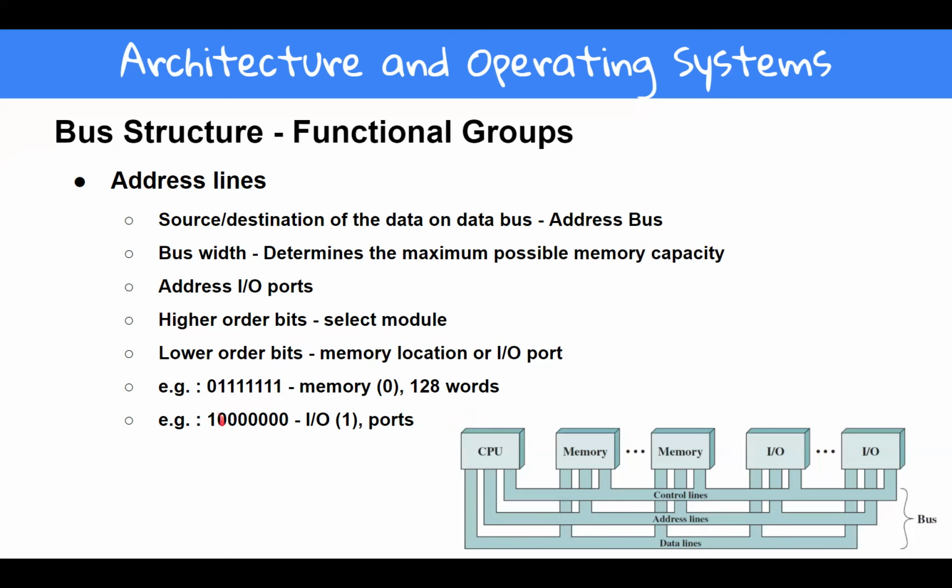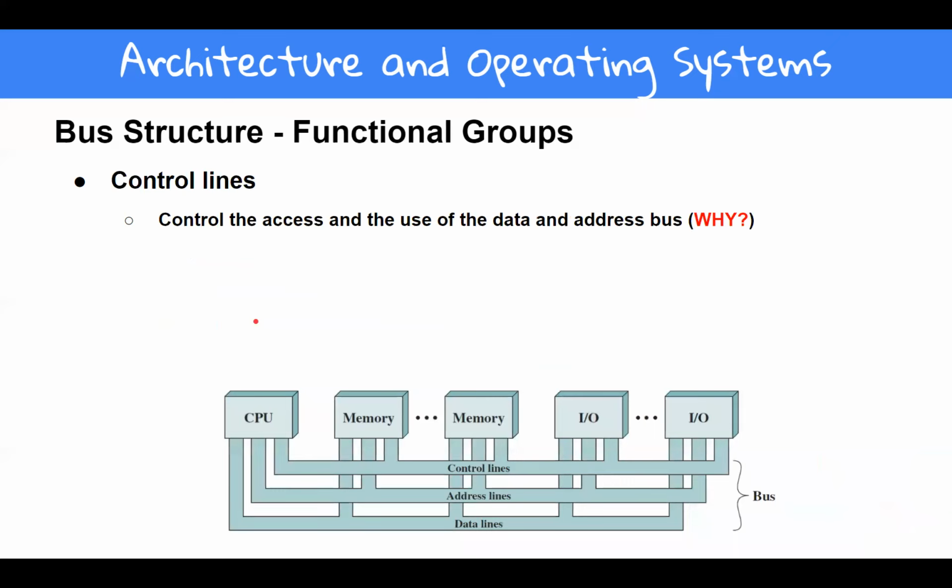But if it is 1, it should go to the input-output device, which port, for example, port 0 here. The lower order bits, the memory location or the input-output port, show where to go. The rest shows the address. This is the structure for the address bus. And control lines control the access and use of the data and addresses.